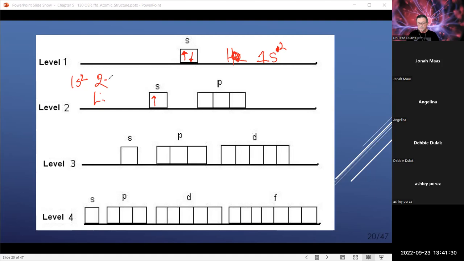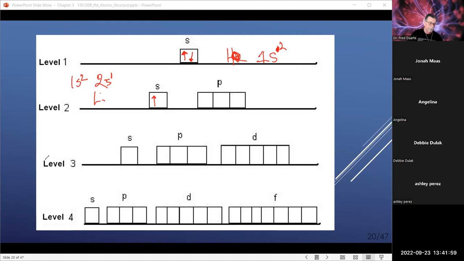The orbit is the s, because that gets filled up first. And so then there's 1 electron. Of the 3 electrons for lithium, 2 of them are in the innermost energy level, in the s orbit, and the next one is in the outermost layer, energy level number 2, and it is in the s orbit.